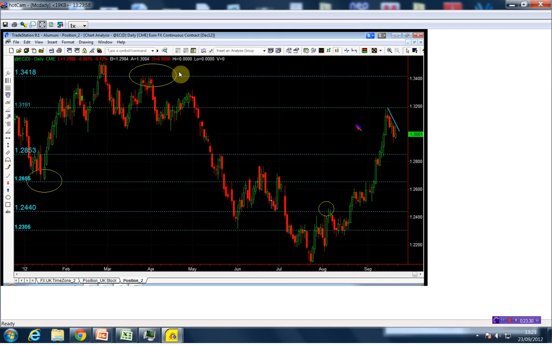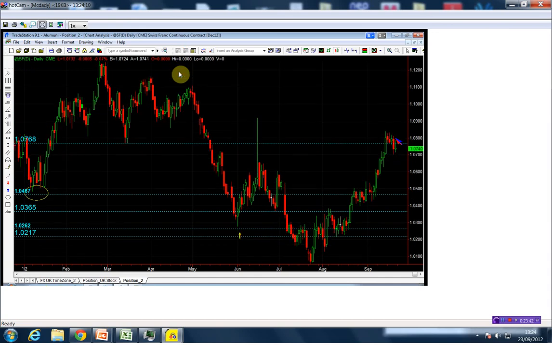We didn't have the failure in the euro index, and we're having a pullback. That's the chart of the Swiss. The Swiss now is actually weaker than the euro, and it is moving in the same direction.